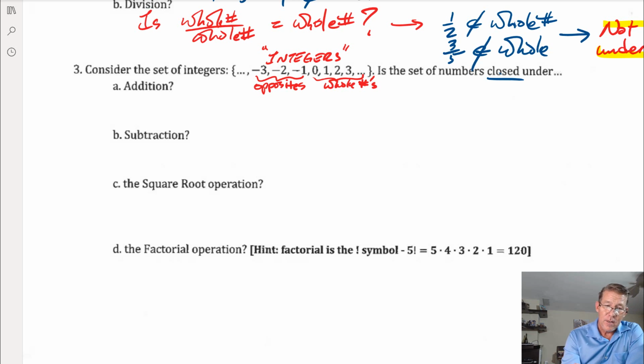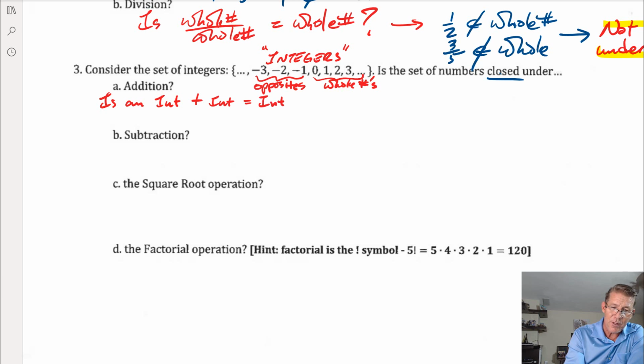So let's deal with it. Is an integer plus an integer an integer? That's the question. That's what you need to be thinking when you deal with what's called closure. In this case, that happens to be true.